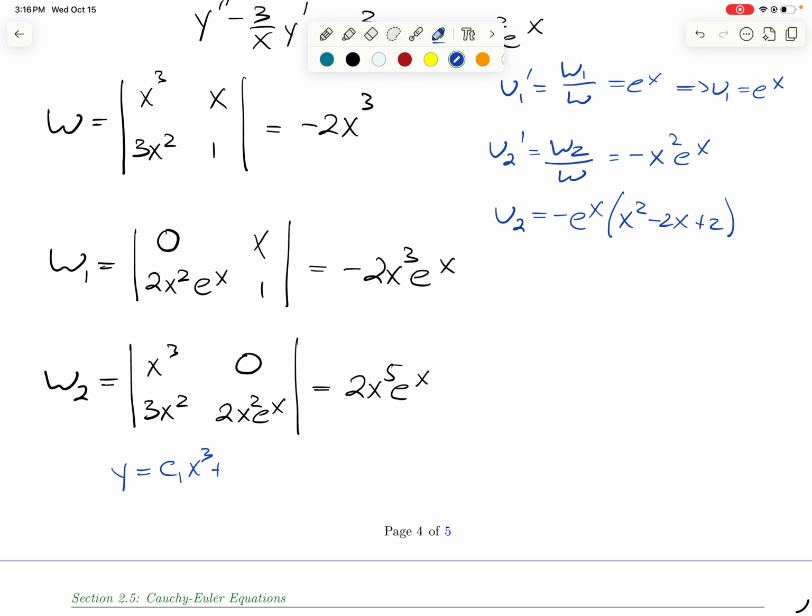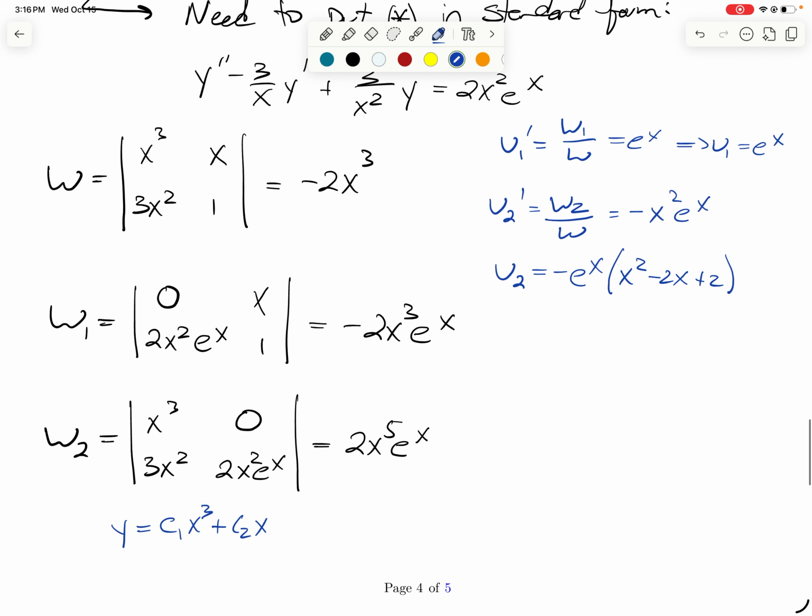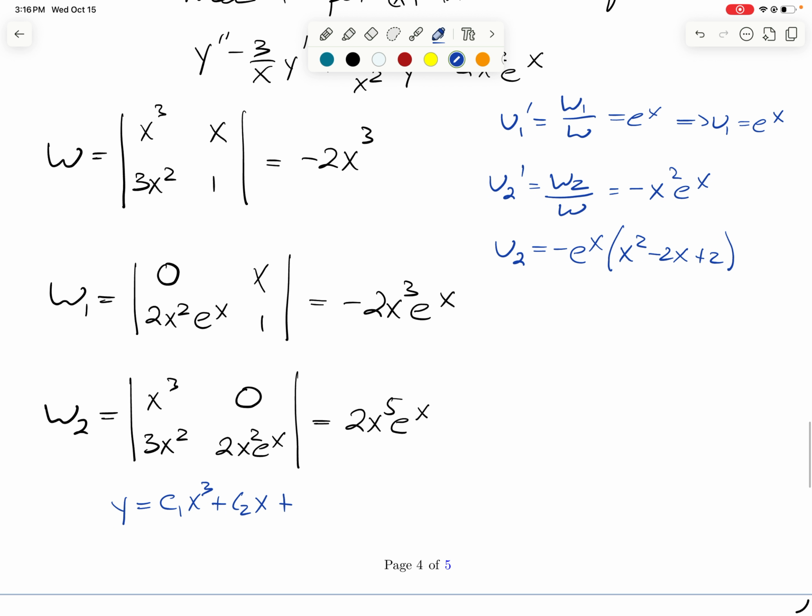And then I've got my u1 times y1, so that's going to be x cubed e to the x. And then I'm going to have plus u2 y2, and y2 was x. So I'm going to have minus x e to the x, x squared minus 2x plus 2.